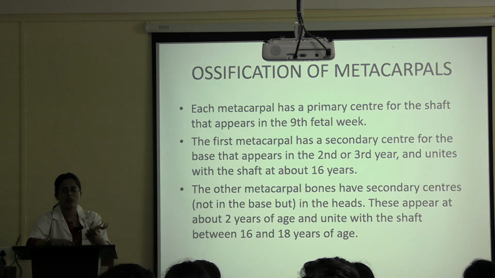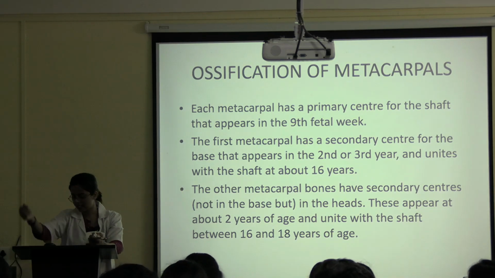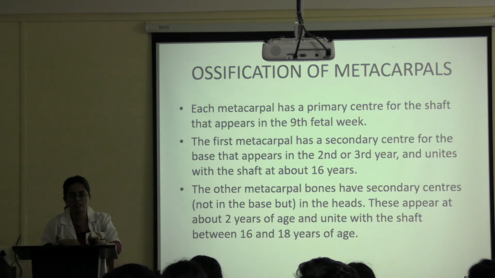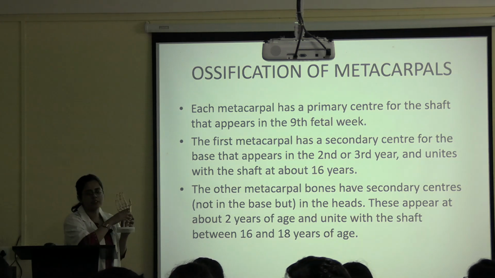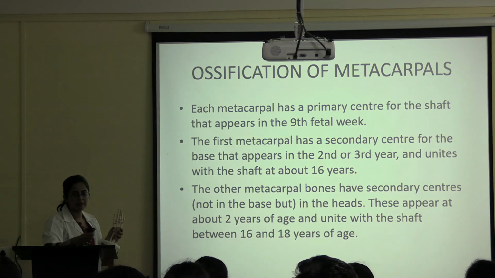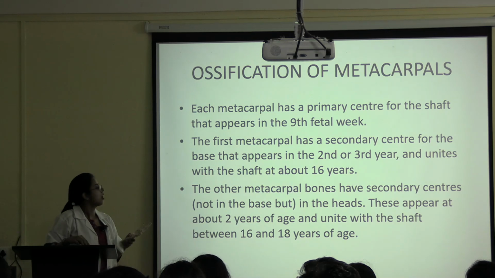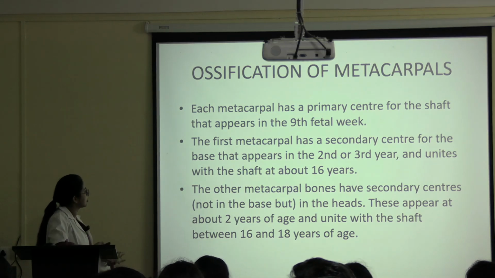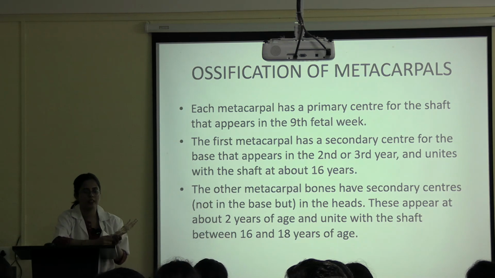Okay. So primary ossification center of the metacarpal will appear in the shaft of the metacarpal. Primary appears prenatal, before birth, and secondary ossification center appears after birth, postnatal. The first metacarpal is different from the rest of the metacarpals.